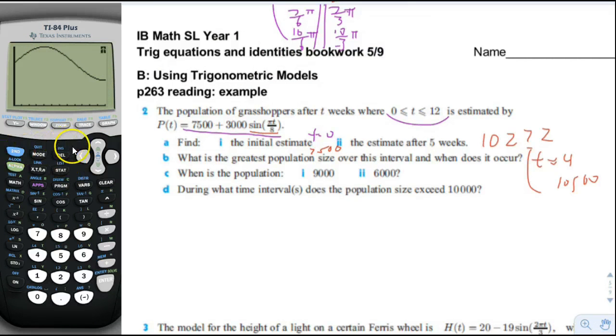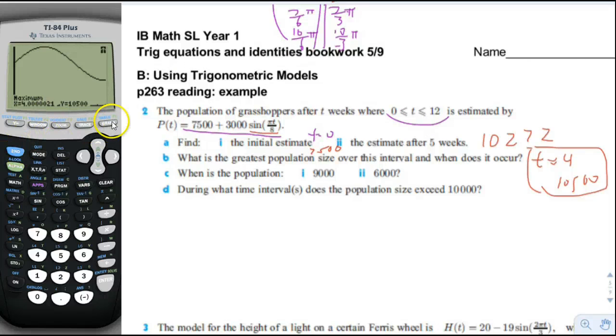So we can do that with second calc, and we go to max, and then we move the cursor to the left side of the max, hit enter, then we move to the right side of the max, and we hit enter, and it tells us that the answer is okay. So I guess what we said before was the right answer. That is the maximum.